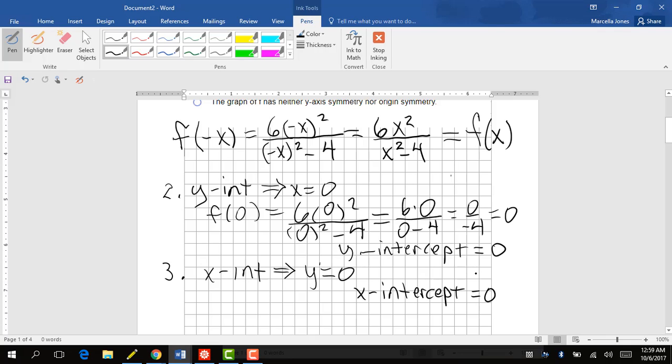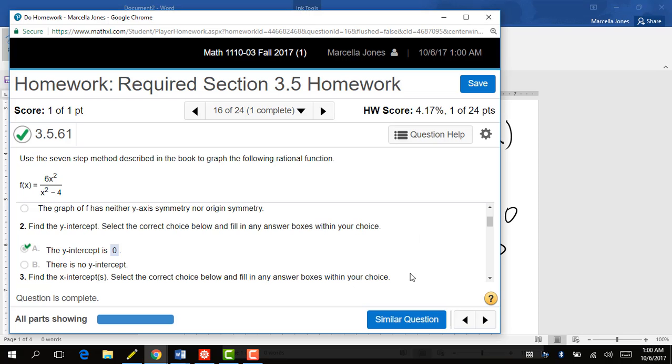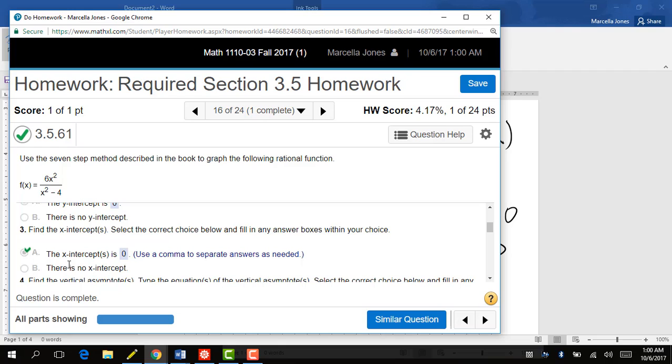So I would put those into my math lab: the y-intercept is 0 and the x-intercept is 0.